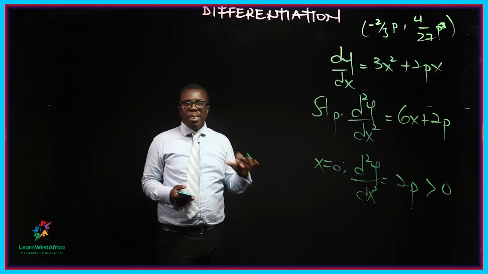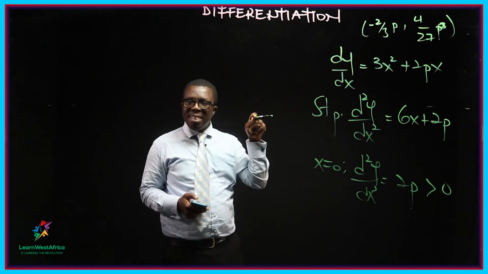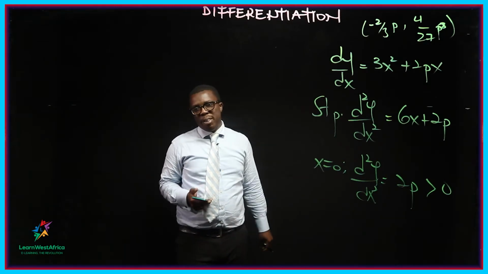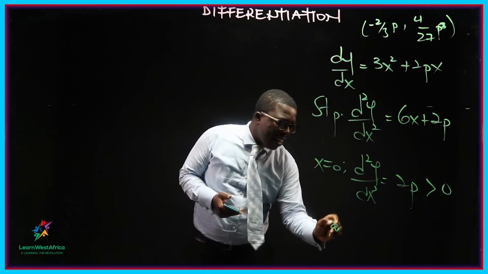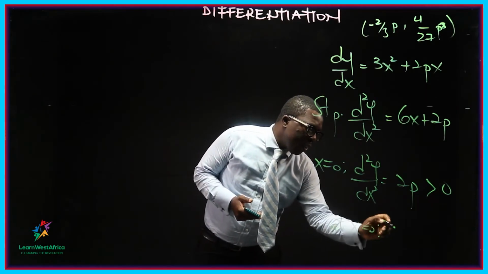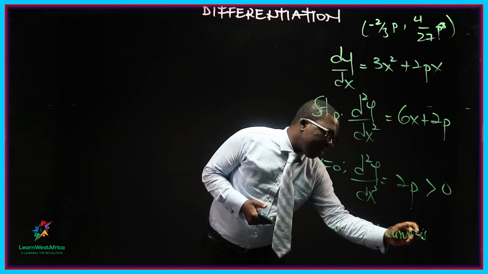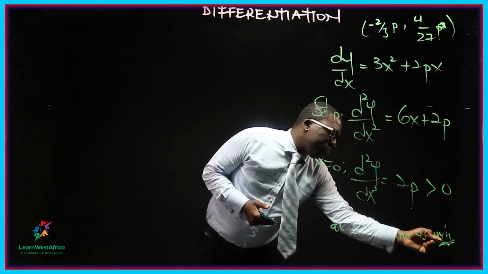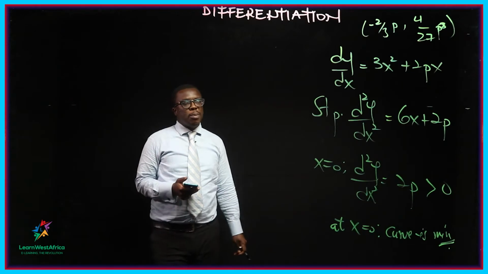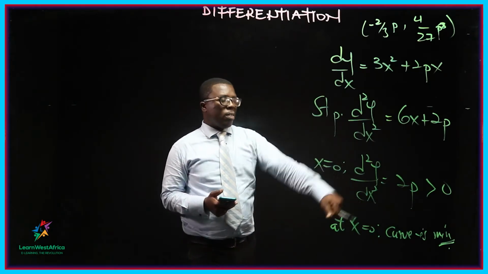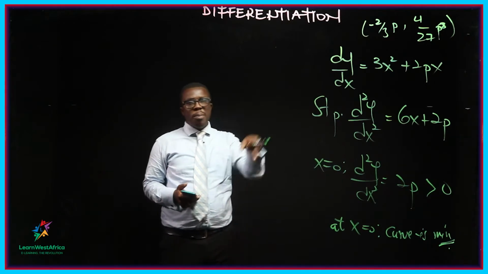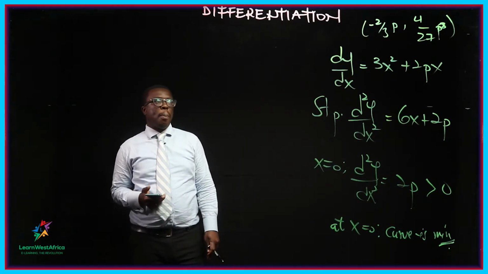Anytime your second derivative is greater than 0, that point is a minimum point. We know that. So at x equal to 0, the curve is minimum, which means the nature of the stationary point x equal to 0 is that it is a minimum point for the curve.